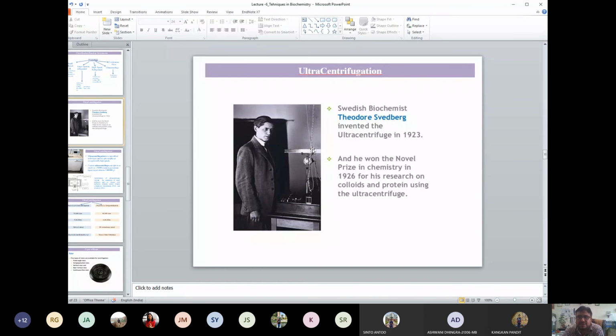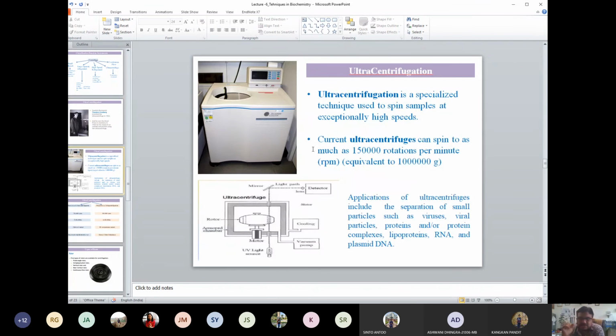He first discovered ultracentrifugation to separate different colloid particles or salts, and he was also awarded the Nobel Prize in Chemistry in 1926 for his research on colloid particles and protein using the ultracentrifuge. So this gentleman has been credited for the discovery of ultracentrifugation with different facilities. Of course, that doesn't match with the ultracentrifuge which we have today, but he is credited with the discovery of ultracentrifugation.